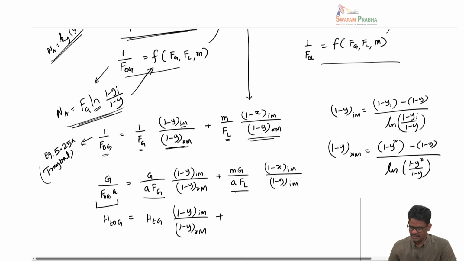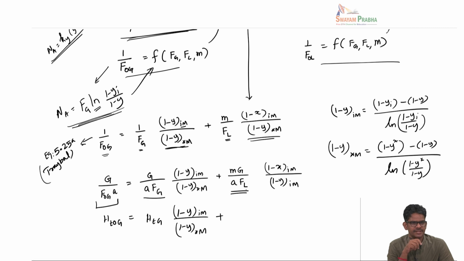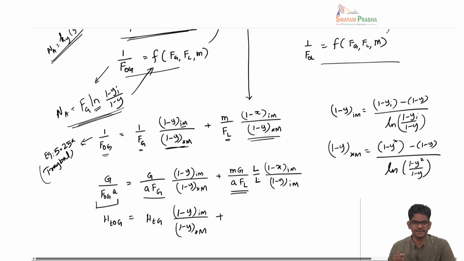So how can I replace this in terms of HTL? How is HTL defined? L by FLA. FLA is there, but L is not there. So I'm going to multiply and divide by L here. Then I can group these terms as HTL.